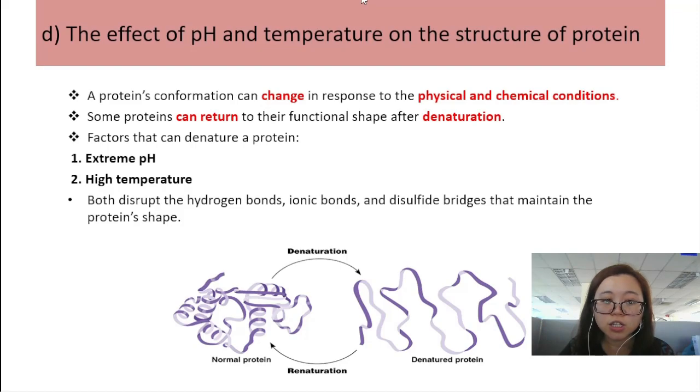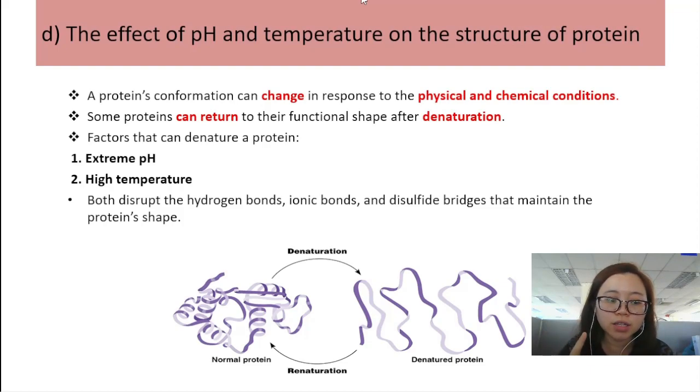Factors that can denature a protein are extreme pH and high temperature. Kalau pH untuk protein itu adalah 7, if the normal pH for it is at 7, and you put it into a solution that is pH 9 or pH 5, it is going to denature. If that protein is usually at 37 degrees Celsius, human body temperature, you heat it up to 50 degrees Celsius, it can denature.